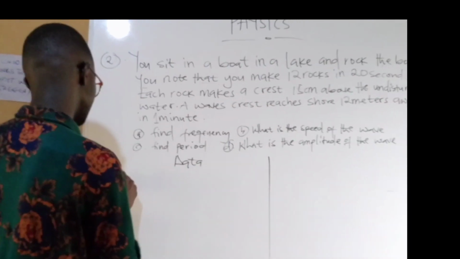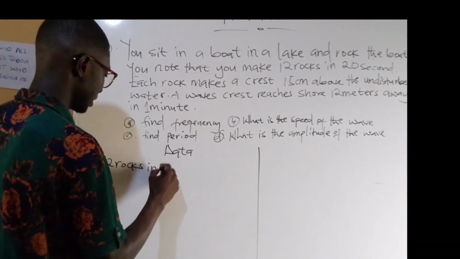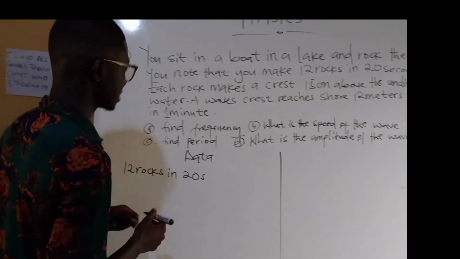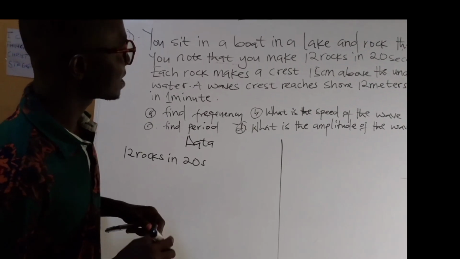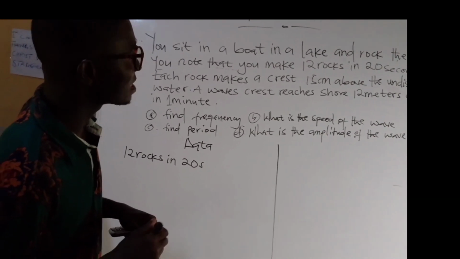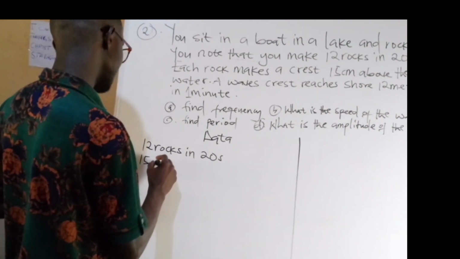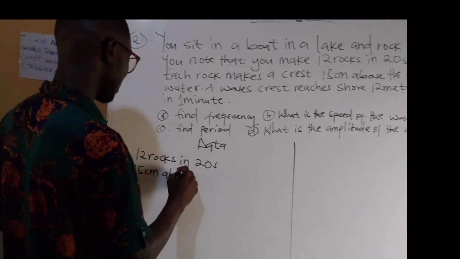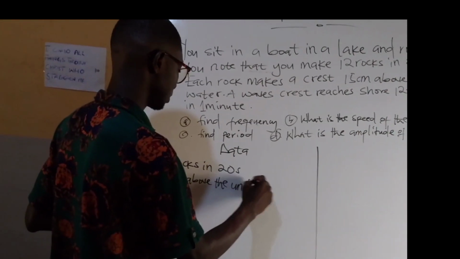So our first is 12 rocks in 20 seconds, right? Now, each rock makes a crest 15 centimeters above the undisturbed water. So 15 centimeters above the undisturbed water.